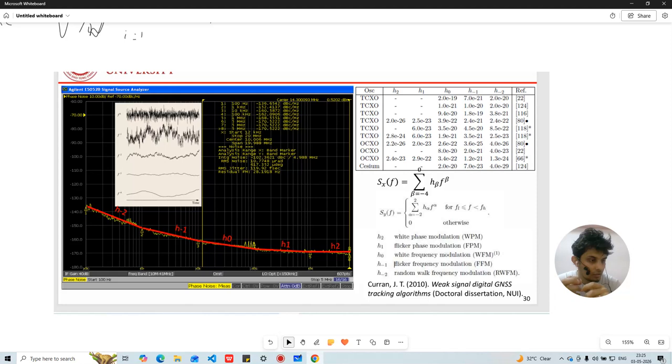The key idea: the red curve is not random, it's made of different noise types, each dominating an area. Very close to the carrier is h minus 2, a steep slope down, random walk frequency noise, where the clock wanders like a drifting clock.